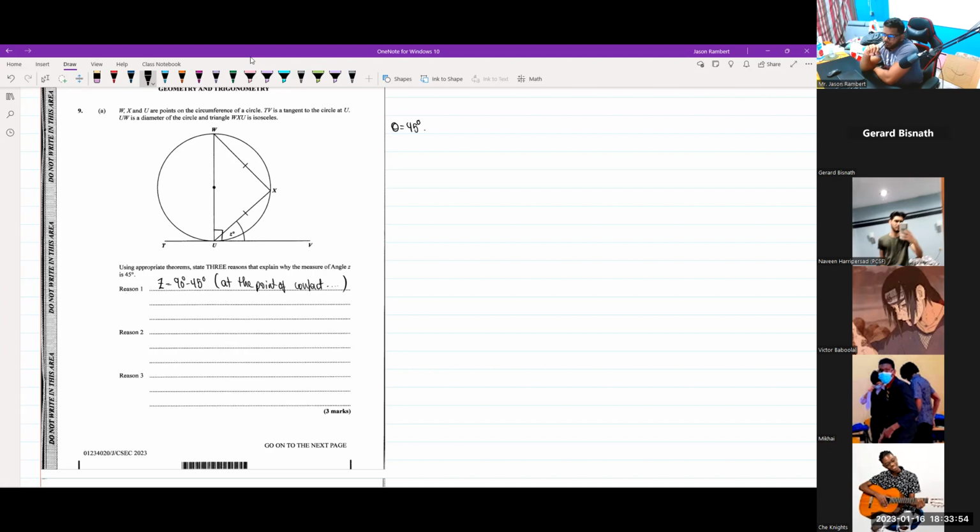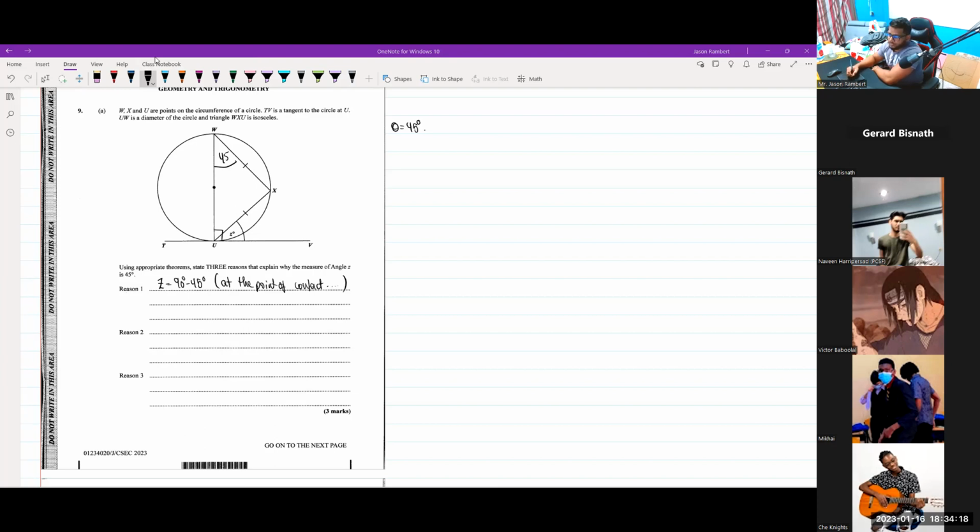The next reason, I see in here, I don't know why, is 45 here. I see the angle made by the tangent and a chord is equal to the angle in the alternate segment. Are you seeing that? Yes, sir.